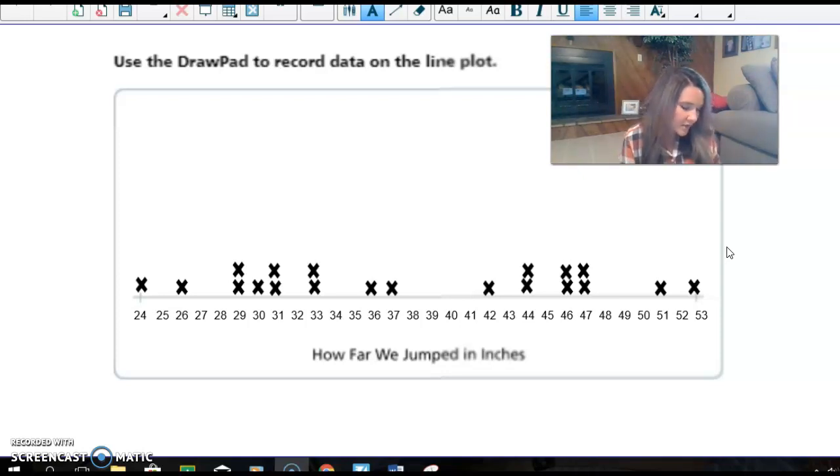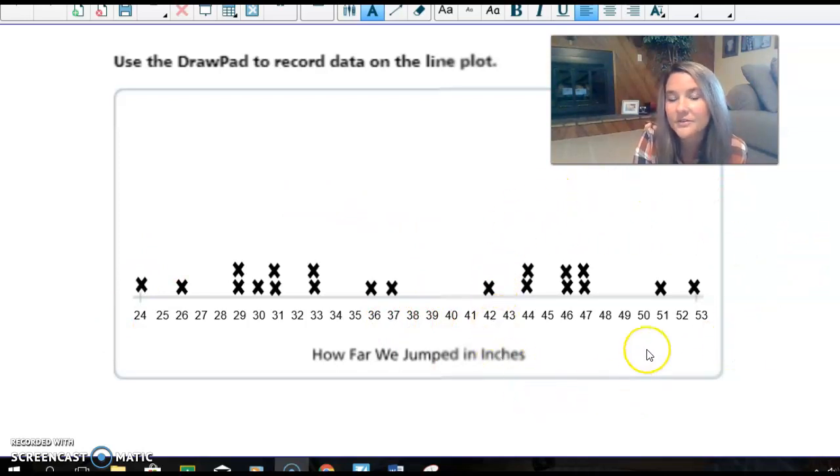So I wonder, how could you describe the data using the words about half, more than half, less than half? I'm thinking that I would say that about half the data can jump from 24 to 37 inches.